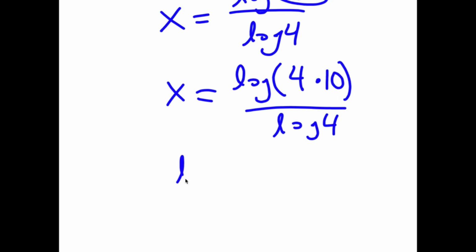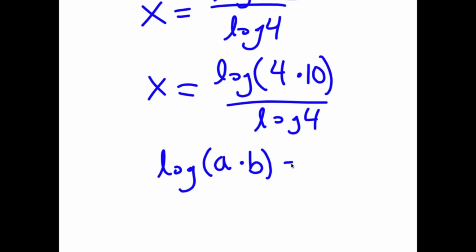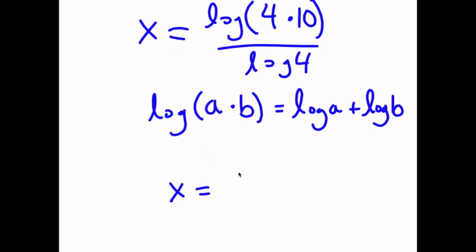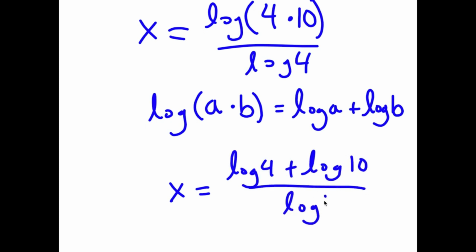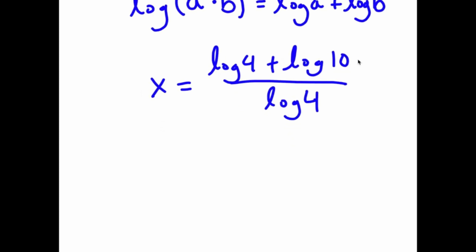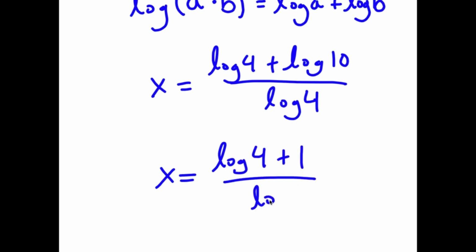And if I have something in the form log of a times b, this is equal to log a plus log of b. So log of 4 times 10 is going to equal log of 4 plus log of 10, over log 4. And if you guys already know, log 10 is actually equal to 1. So I have x is equal to (log 4 plus 1) over log 4.